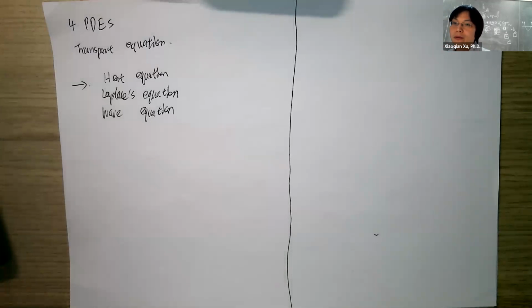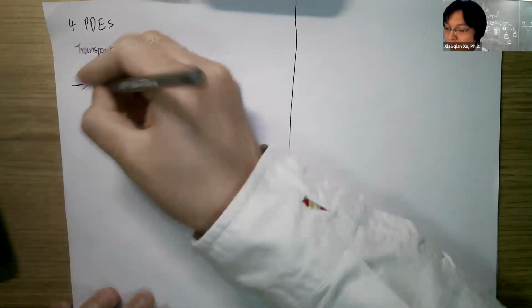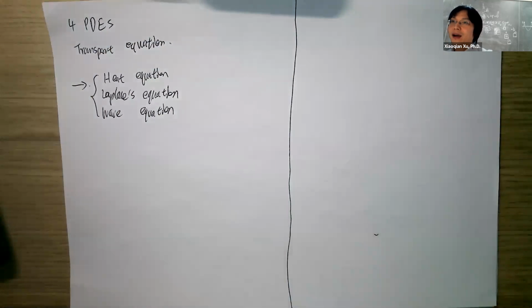But maybe before we do that, there is another thing we should discuss, which is that we only discuss three kinds of linear second-order differential equations. Then you may think that if we are trying to solve second-order linear differential equations, there are a lot, right?